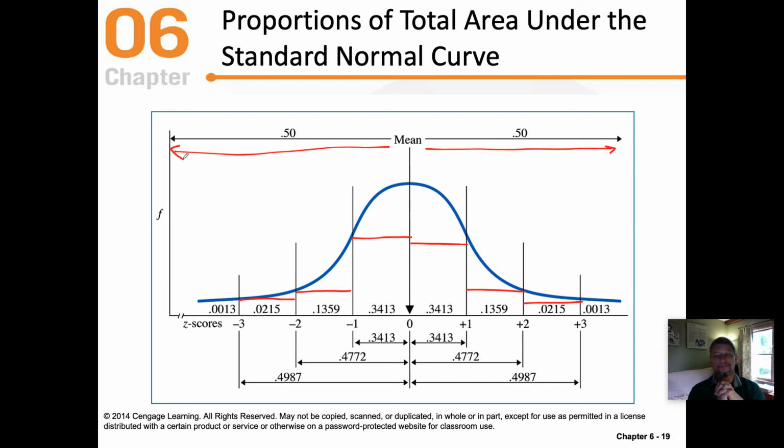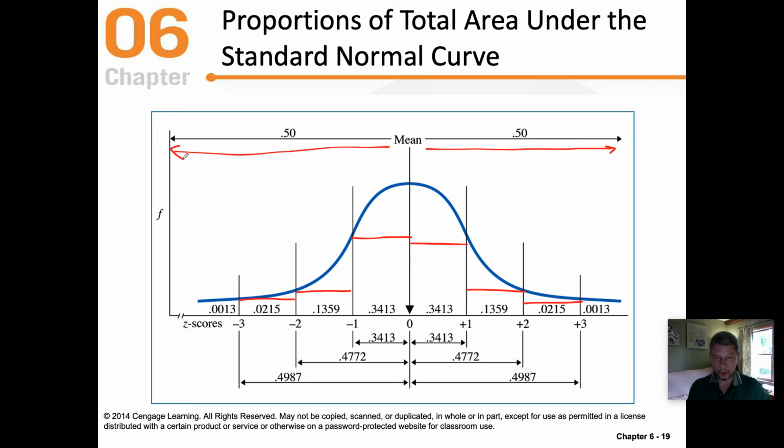So in terms of the z-scores, a z-score of -1 is 34.13% below the mean. Actually, we're doing relative frequency, so 34.13% of the scores fall in that first standard deviation below the mean.